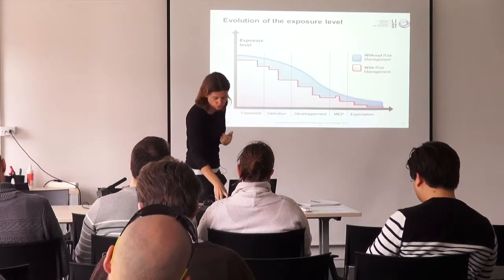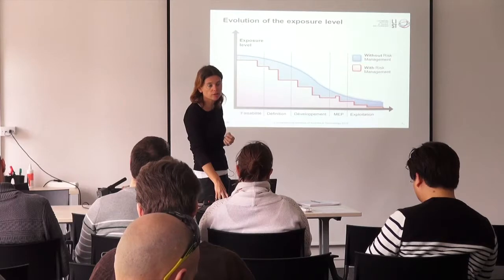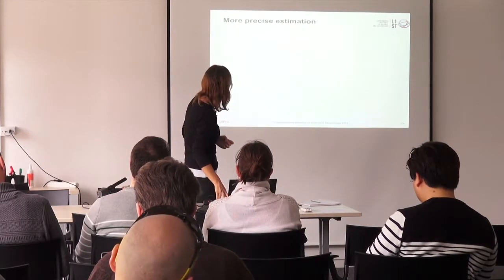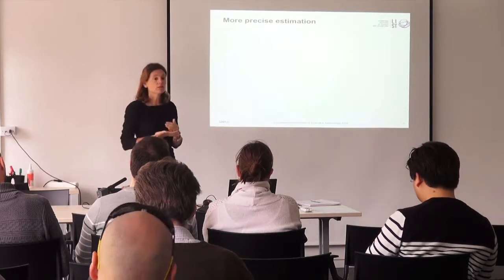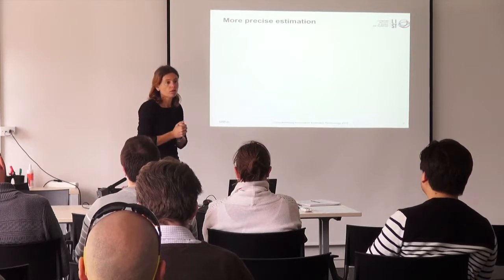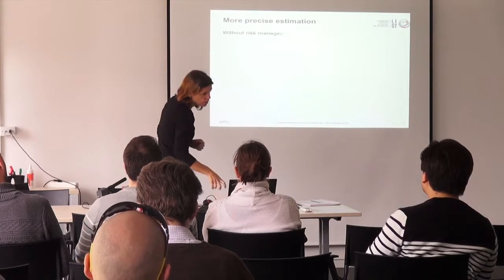So this is to show you that normally if you do some risk management correctly, you would have a lower exposure. So at the end, we'll see, the cost and the budget of the project are better managed. So let's have a look at that.